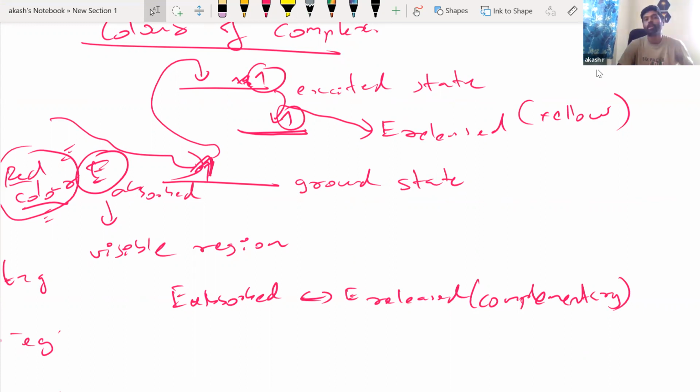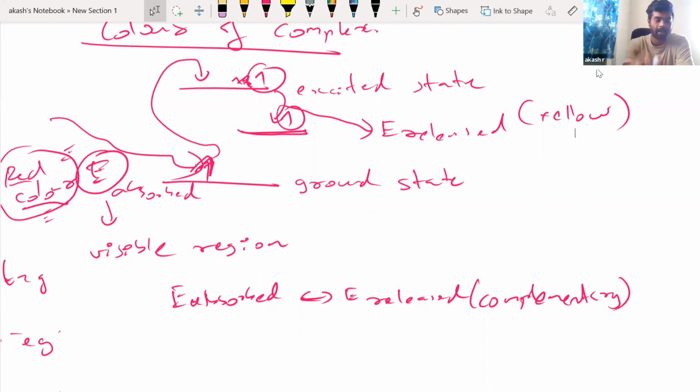You will not be able to predict which color it will be, but you will be able to predict whether it is going to be colored or not. First of all, we will be able to predict whether the compound will be colored or not, but we will not be able to predict which color it will be. That is very difficult. But we will be able to predict whether the particular complex will be colored or not colored.